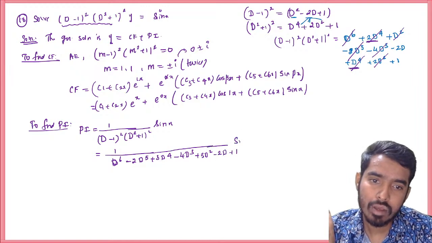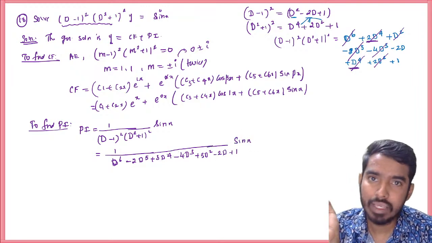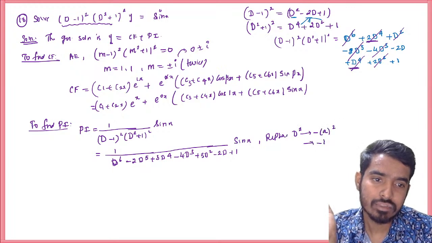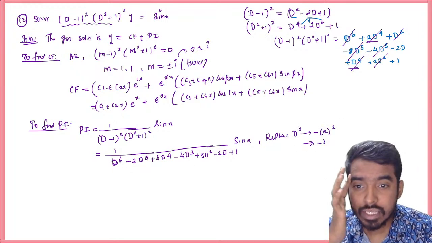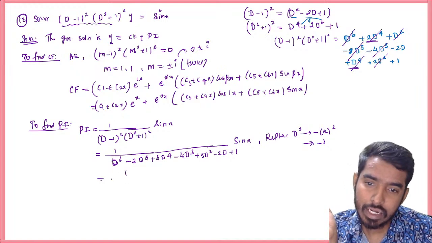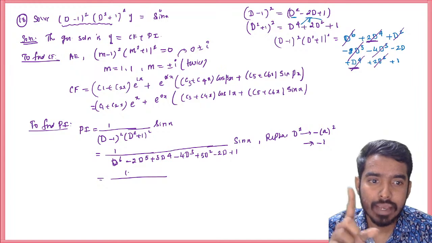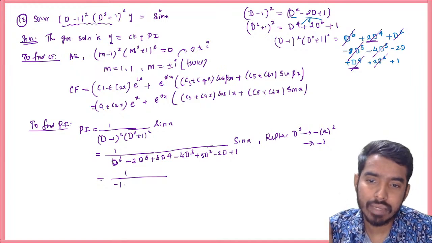So no problem. However long this may be, whatever power it may be, we are going to replace d square by minus of a square, which is minus 1 here, right? So this d power 6 can be written as d square, d square, d square. So minus 1, minus 1, minus 1, which is minus 1.